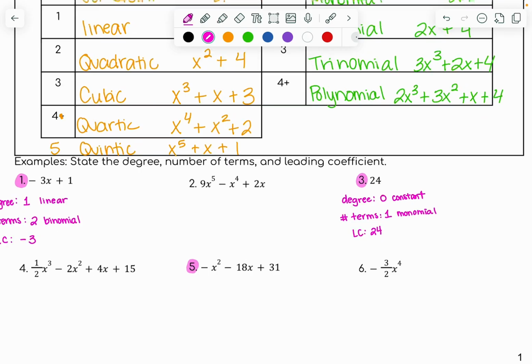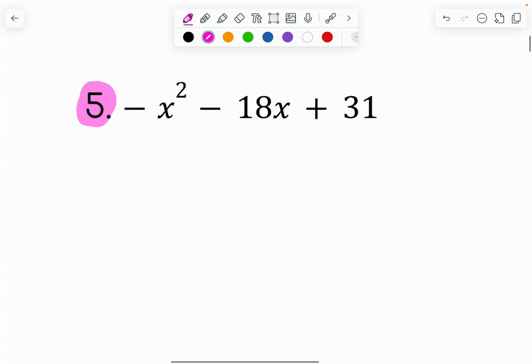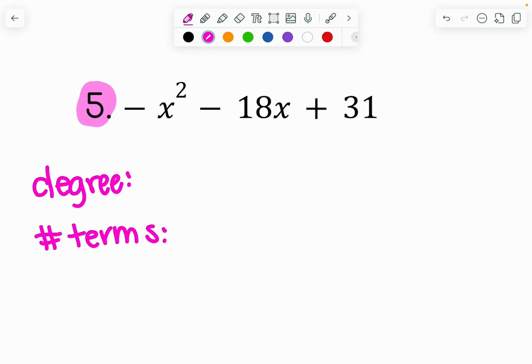All right, last one we're going to do together is this number 5 here. So degree, the number of terms, the leading coefficient. The degree here, my largest exponent is right here, and that is a 2, which makes this a quadratic.